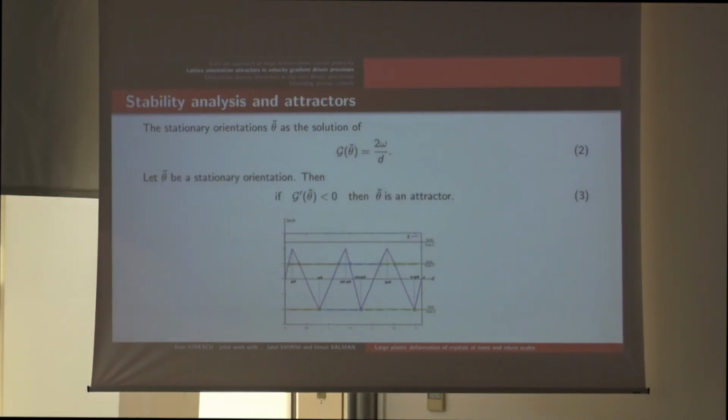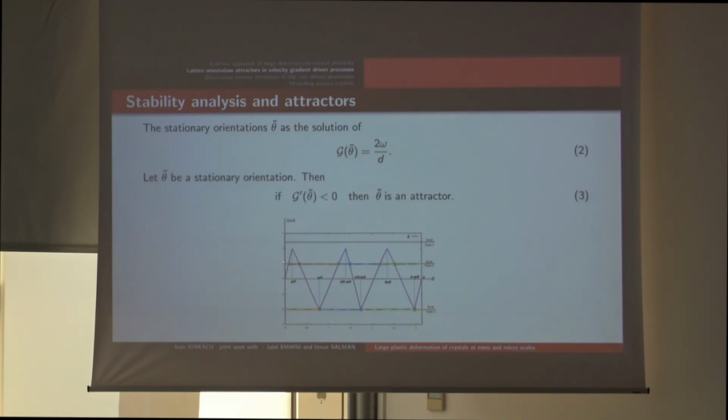If we now want to see what the stationary orientations are, the orientations which are not moving, with no evolution of the lattice orientation, then we have to solve this equation. If a stationary solution has a negative derivative, then it's an attractor. There are three situations.